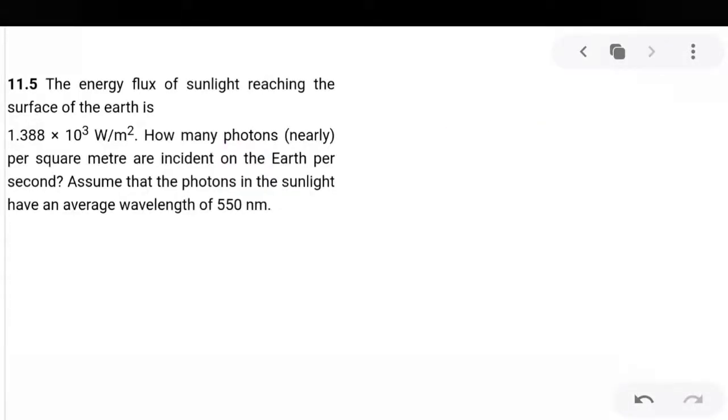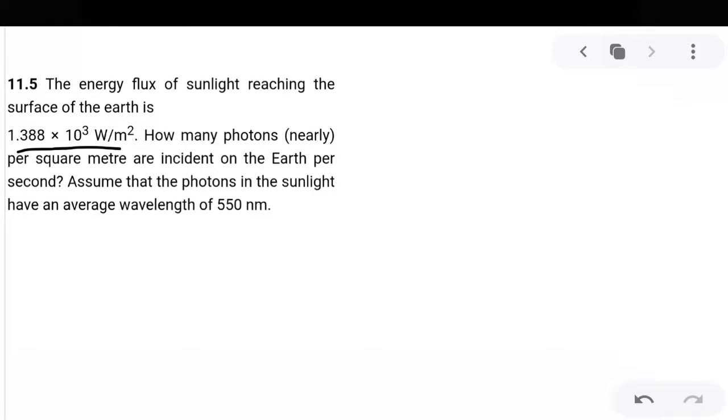So in this question 11.5, we have the energy flux of sunlight reaching the surface of earth as 1.388 into 10 power 3 watt per meter square. This is basically energy per unit time per unit area.